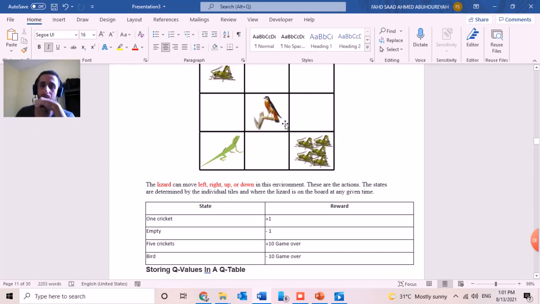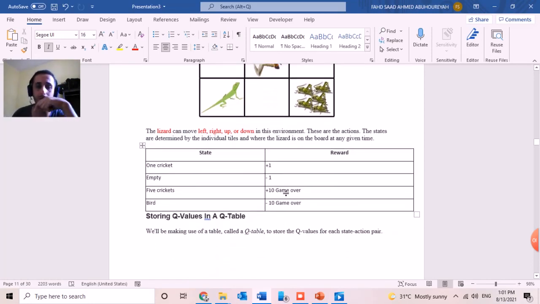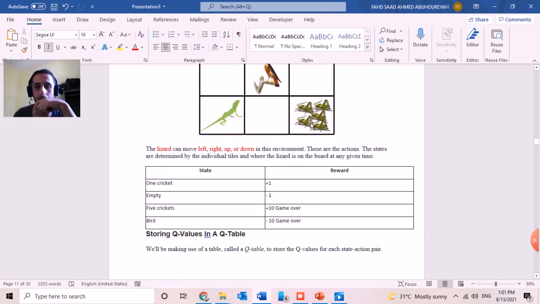If it comes to this bird, it will have -10 and also have game over. So each empty block is -1, the last block with 5 crickets gives +10, and the bird gives -10, and in these two states we have game over.